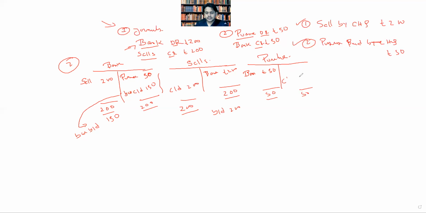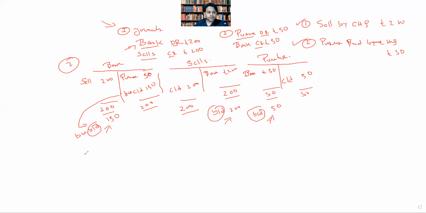The balance sheet is 50. This balance sheet comes opposite side as a balance BD 50. So my balancing off is done. So I have a balance BD 150, a balance BD 200, and a balance BD 50. So I have three balances from the three accounts.